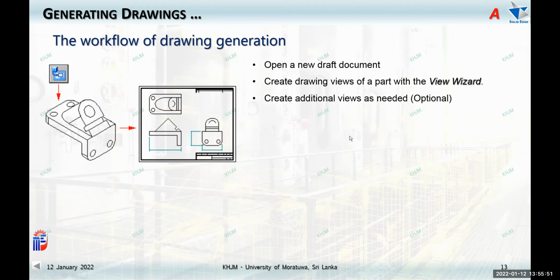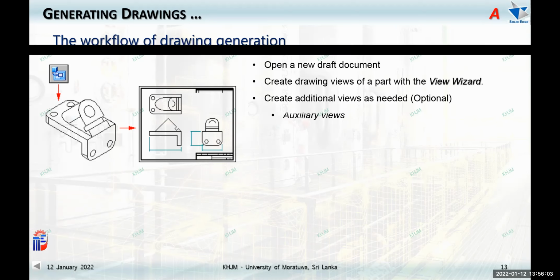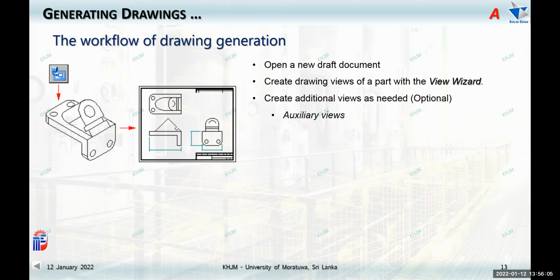And then create additional views. What are the additional views? Now, there you can generate your primary views. Right? And then additional views like auxiliary views. So for example, in the part shown, there is a slanted surface.